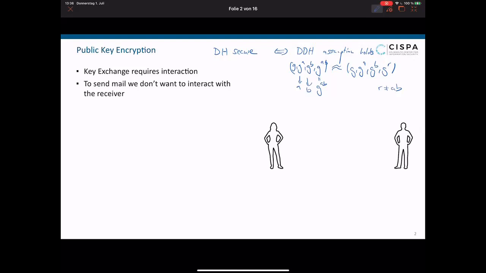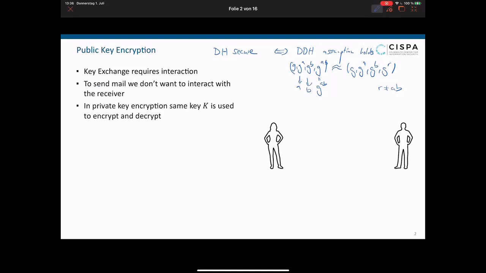Think about emails, right? When I want to write a secure email to you, I don't first want to interact with you before I can write you this message. I just want to somehow encrypt the message and send it to you without having to interact with you.